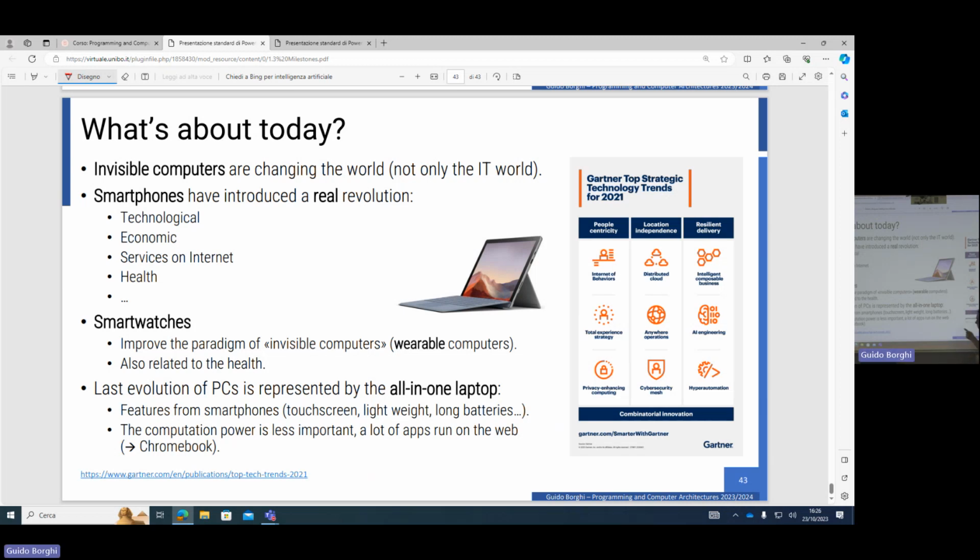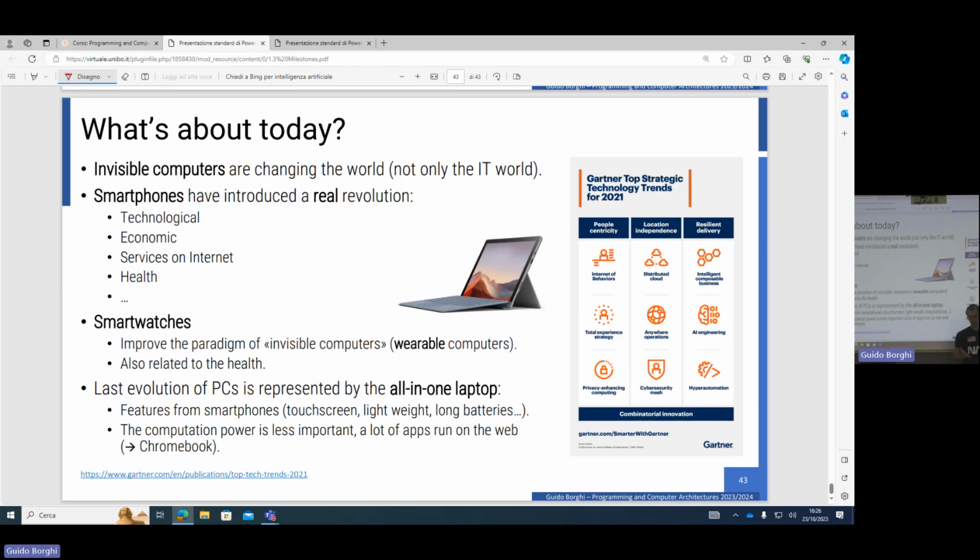And remember also the last evolution of the operating system that we have seen together, Chrome OS, if you remember. The thing is that the computation power is less important, since a lot of apps and services run on the web through the cloud paradigm.